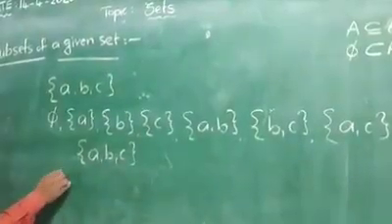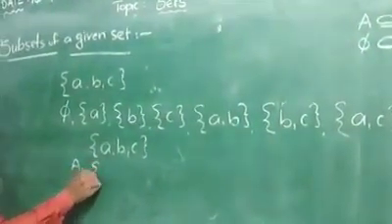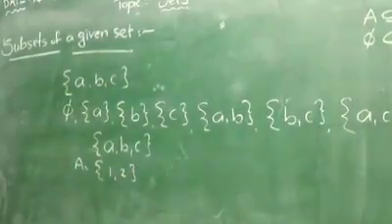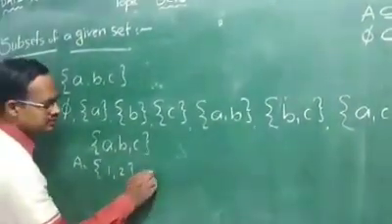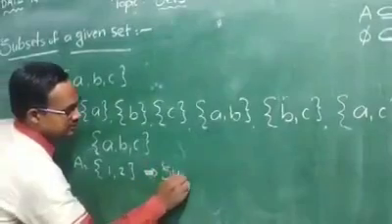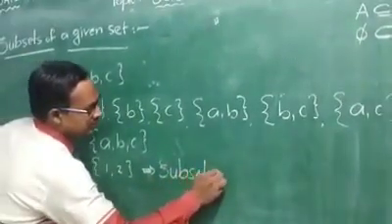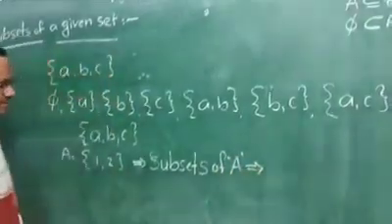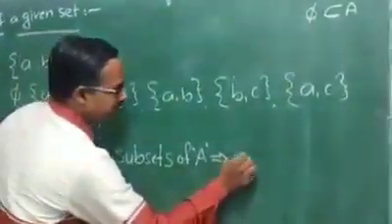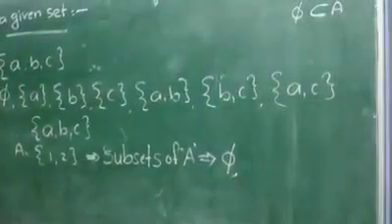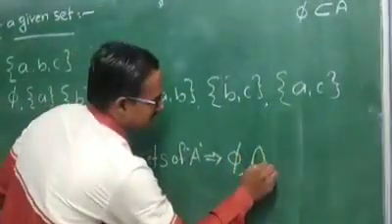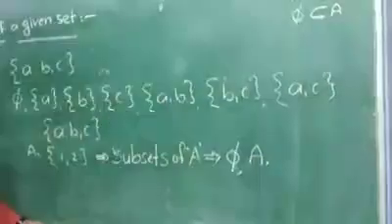If I am taking another set A, the set of 1, 2, how many subsets? Subsets of A. First one, the empty set is a subset of every set. And the set itself is a subset.